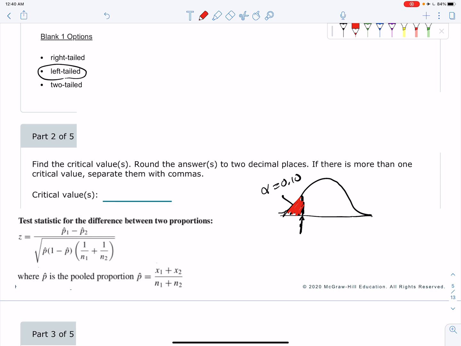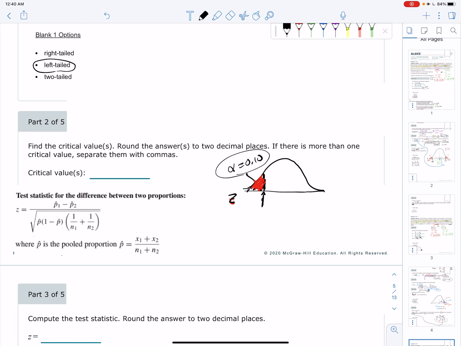You can use a Z table to look it up because these are Z values, and that's not too bad in this case. But we also have a faster way of looking for critical values. It's kind of made for it. What we need to know is an alpha level of 10%, and that it's a left-tailed test.